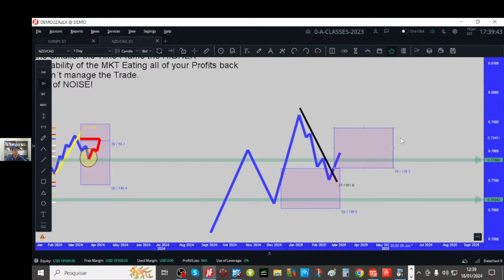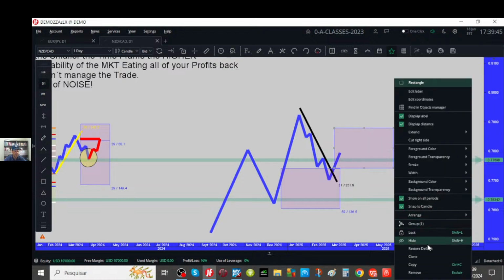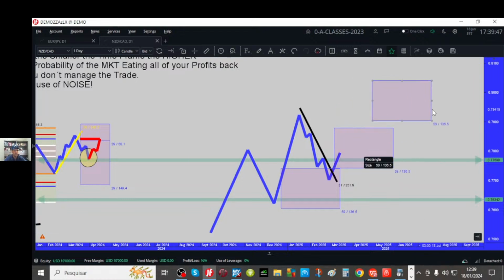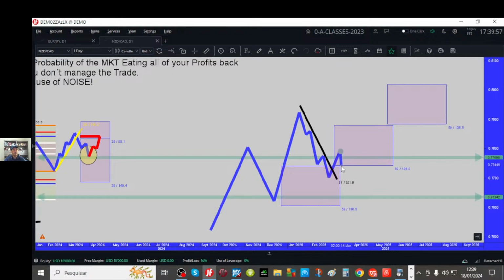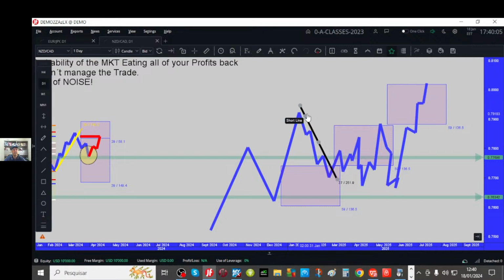Now, if this is the daily chart, it's statistically proven that 7 times out of 10 the market can do anything it wants anyway, but 7 times out of 10 it is going to hit your take profit on the daily.